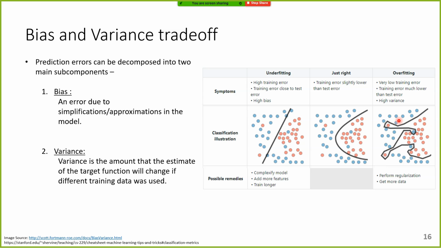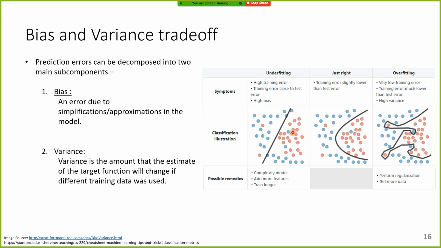So if we change the training data set, these outliers may be found somewhere else, or somewhere here. In that case, this model will change, and we will see a different kind of model, and the new data points will be classified in a different way. So this kind of error is called error due to variance, and it is due to overfitting.